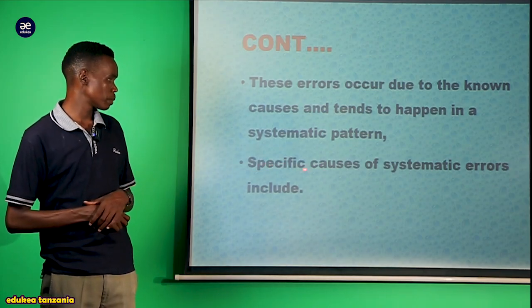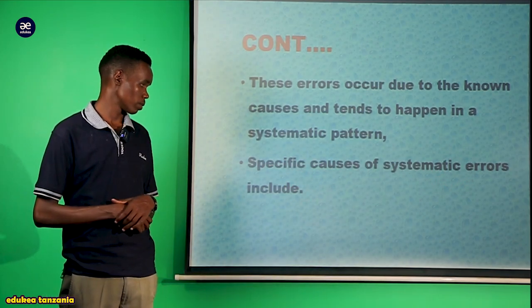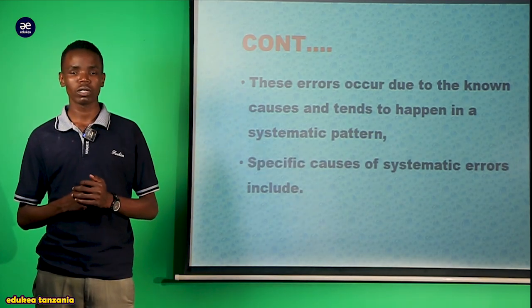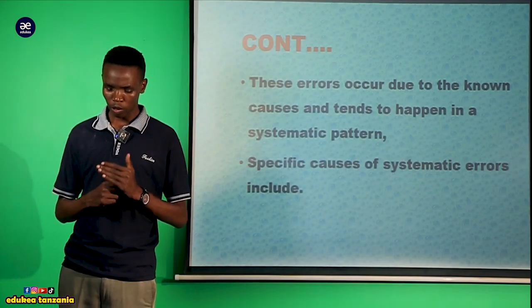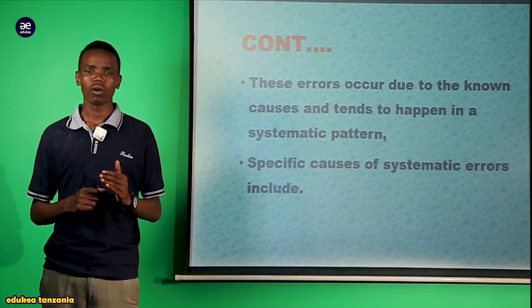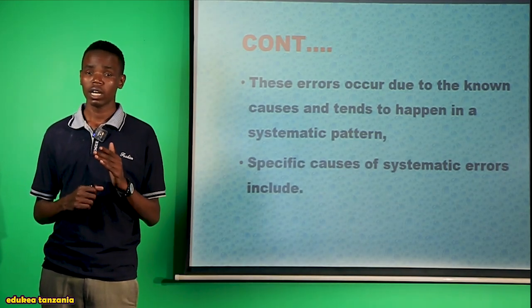So here are the specific causes of the systematic errors. We have several causes of the systematic errors. Baada ya kusoma the definition of the systematic errors, now it is time to see the causes of the systematic errors.